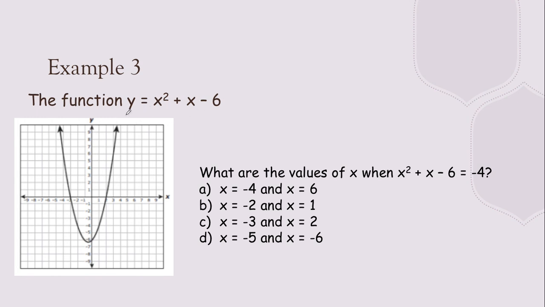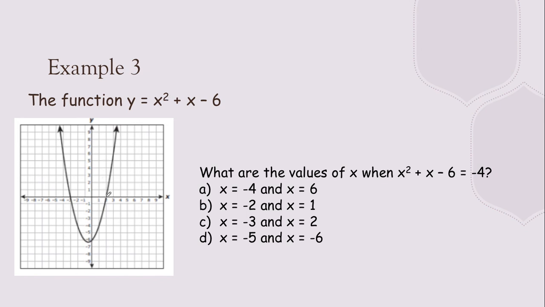Okay, last one. The function y equals x squared plus x minus 6 is graphed right here. What are the values of x when x squared plus x minus 6 equals negative 4? You have two options here. I want you to pause the video and figure out the answer. What do you think people make the biggest mistakes for this?